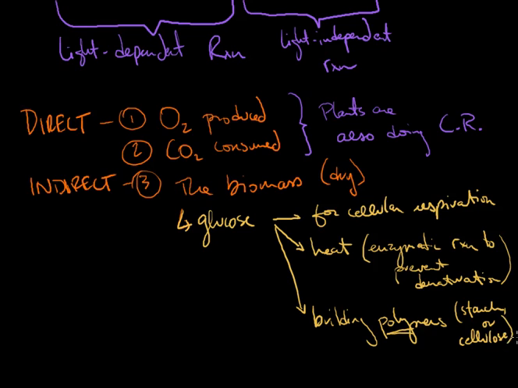So starch and cellulose are made by the plants from the monomer glucose. So glucose is a small molecule, C6H12O6, relatively small, and starch and cellulose are both made of thousands of these glucose molecules that get stuck together. And they get stuck together through a process called condensation reactions or dehydration synthesis reactions.